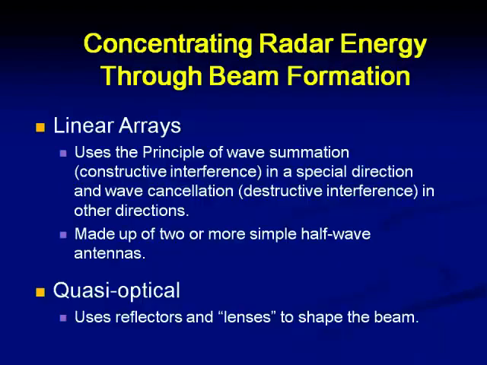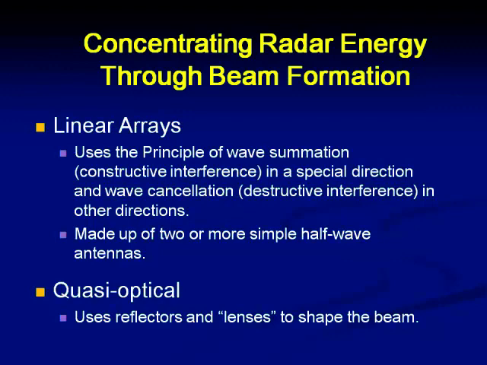Then how do we go with the concentration of the energy towards the target? One good technique people are employing these days is by using linear arrays. The advantage we get is that we can operate in different modes, and a linear array will have a constructive interference of all the radiators in the special directions and destructive interference in undesired directions.